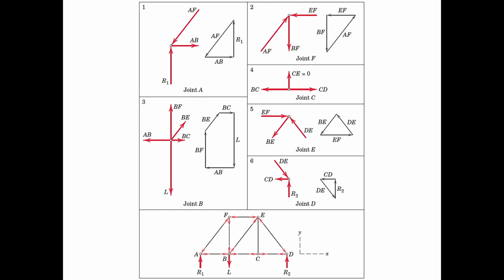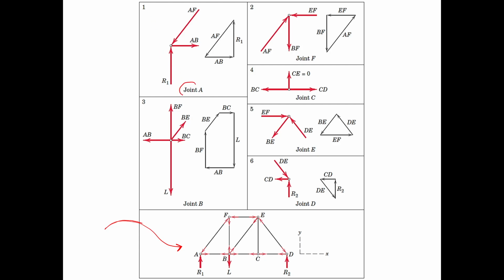So these are the different types of force diagram that you can create from the joints. For example, this is your truss here at the very bottom part. If you start with joint A, this is the first figure.